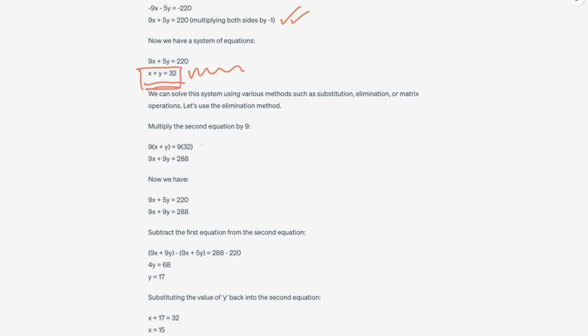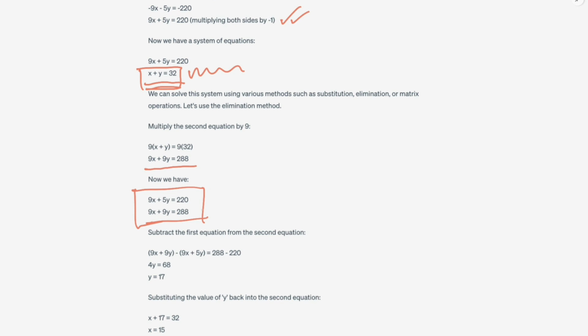So if you're multiplying by 9 and then doing something with that, we should expect to end up in some trouble. But let's go ahead. So it multiplies that equation by 9 and gets this result. That's okay, assuming that equation is correct.